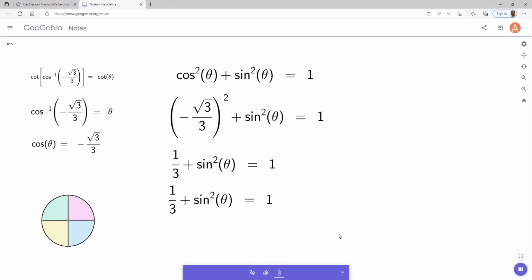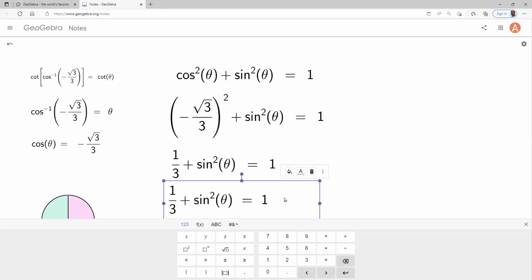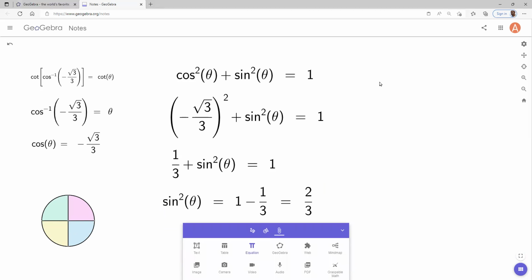Now I'm going to subtract 1/3 from both sides, and I'm going to get 2/3. And that tells me sine theta has to be square root of 2/3. And don't forget plus minus.